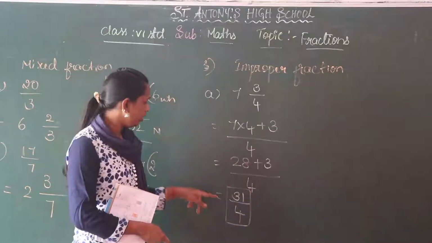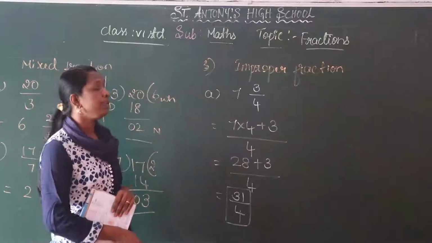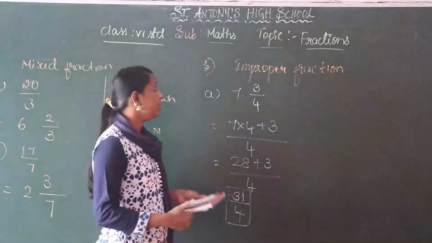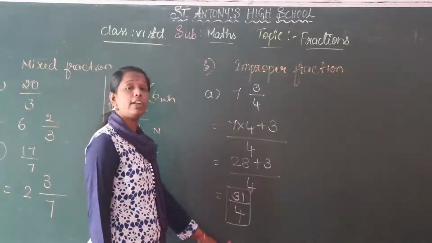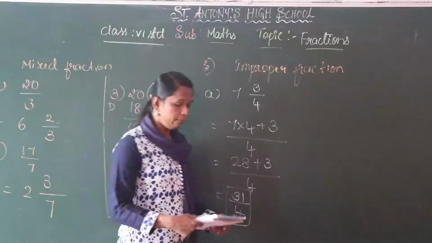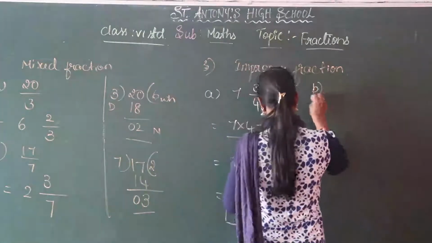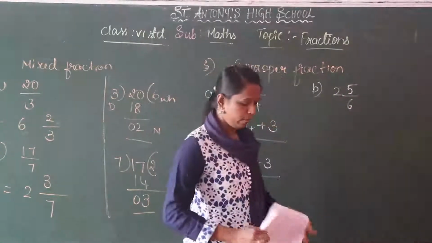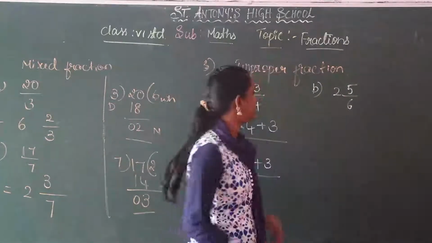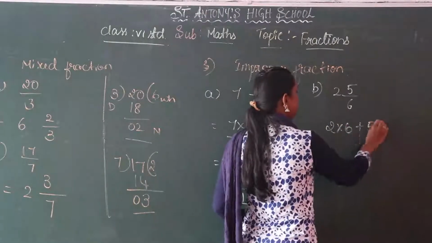See children, the numerator is greater than the denominator. The answer for the conversion of this mixed fraction into improper fraction is 31 by 4. Next one, second one, 2 5 by 6. 2 into 6 plus 5.